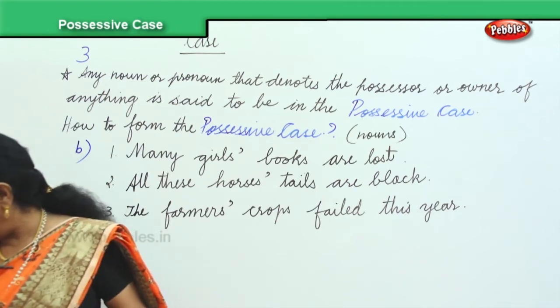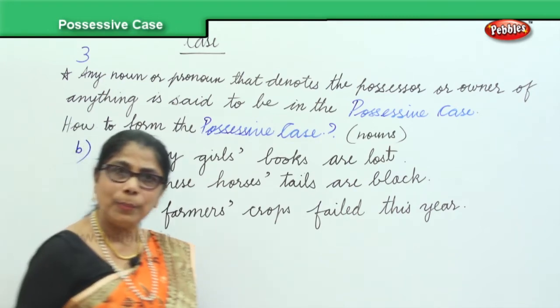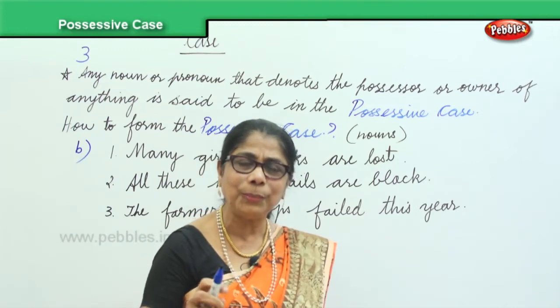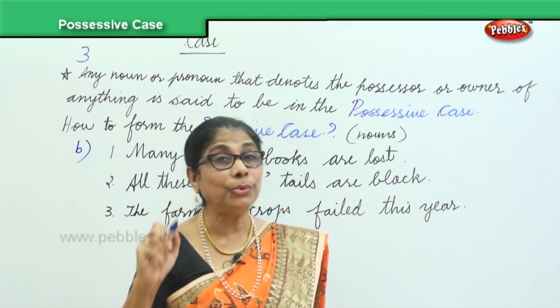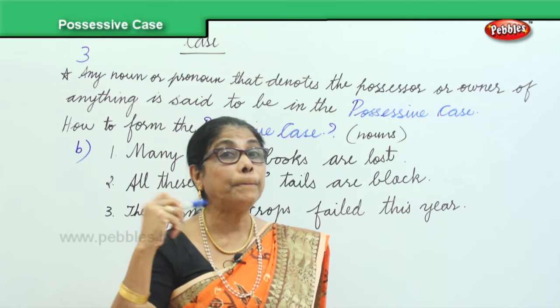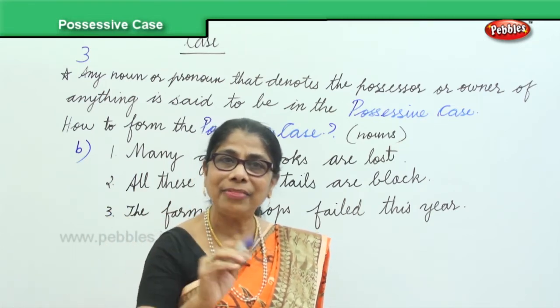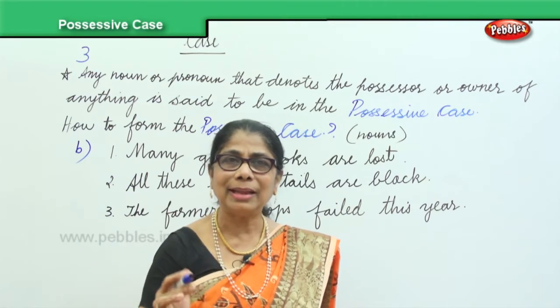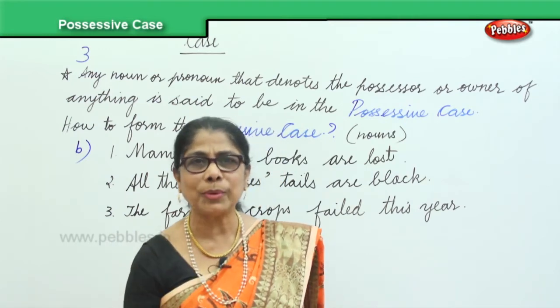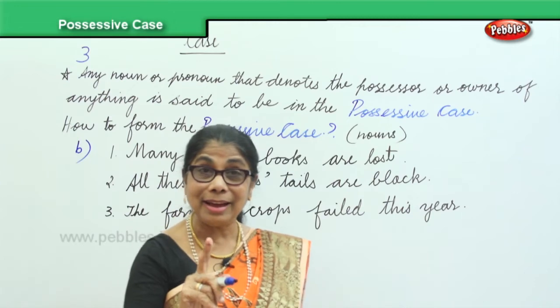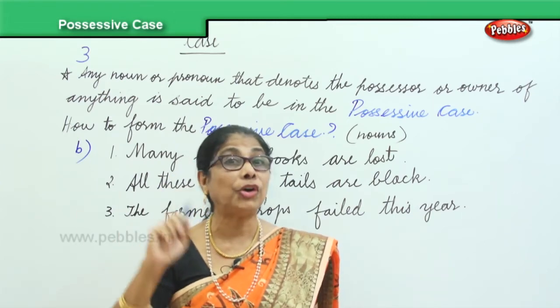Last time we did the singular noun. When it comes to a singular noun, what you do is put an apostrophe, and put an S following the apostrophe. So you will say the girl's book was lost, Tom's shoes were lost, whatever. Singular noun, apostrophe followed by an S.